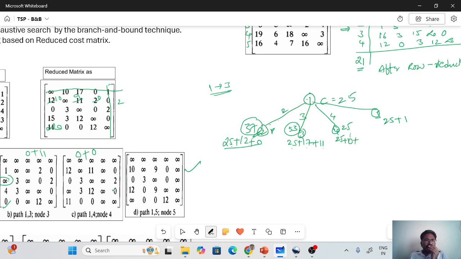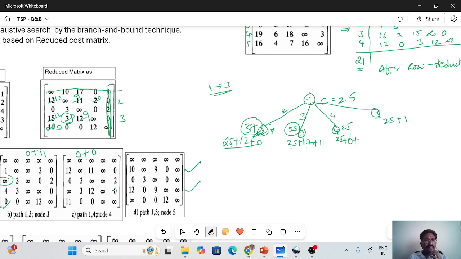Now find the minimum for the column. Sorry, what about this row minimum? 3. Yes. So 5 3. So after updation, 12 0 9.